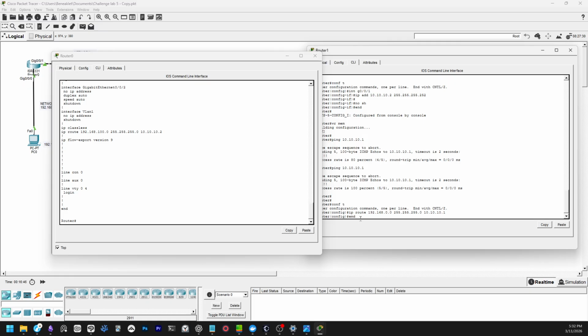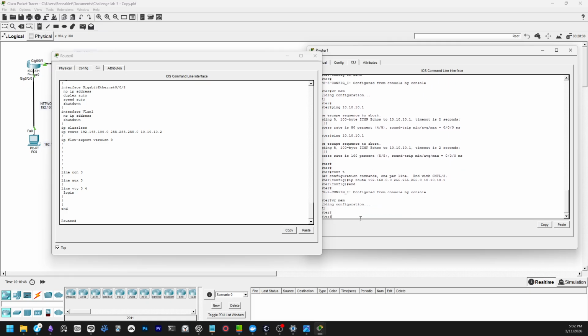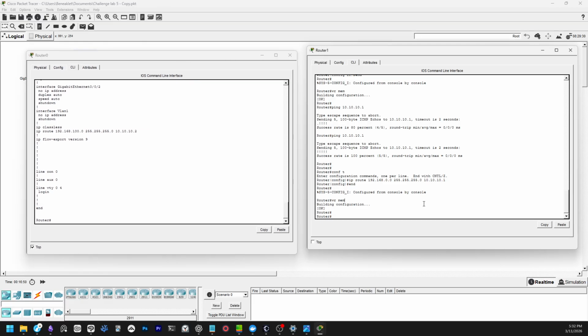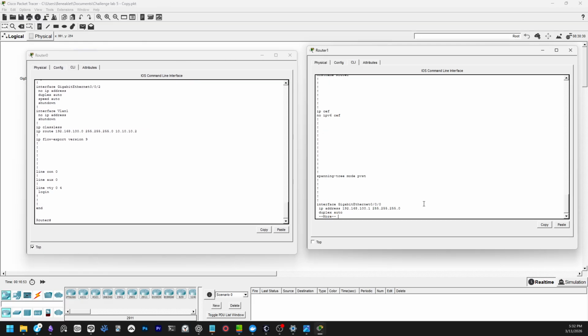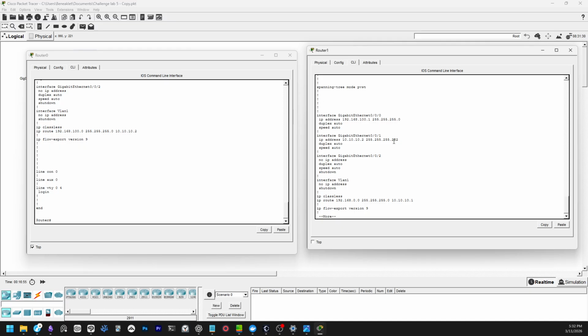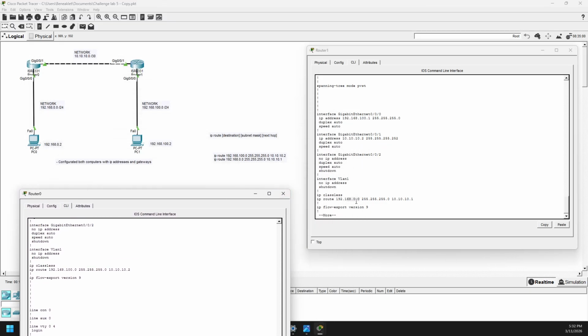We go and write memory. The IP route is right here, so any address within this network is going to be forwarded to router 0, from router 1's perspective.